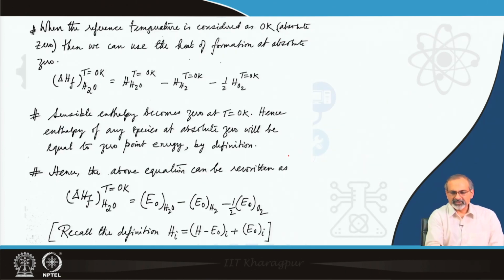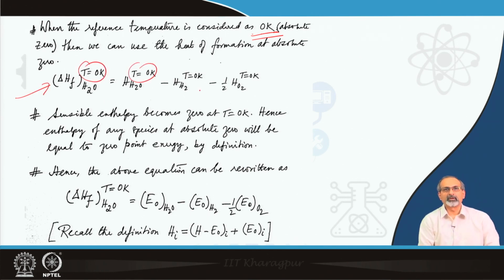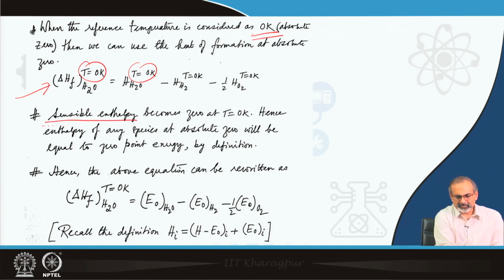When the reference temperature is considered to be absolute 0, then the same expression would have to be written for absolute 0 temperature set as the reference one. Interestingly, the sensible enthalpy under such conditions will go to 0. And what is the consequence?